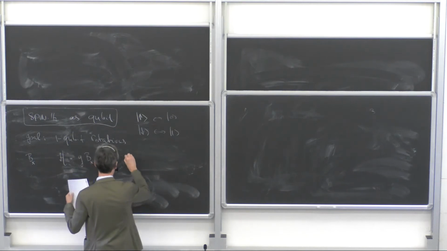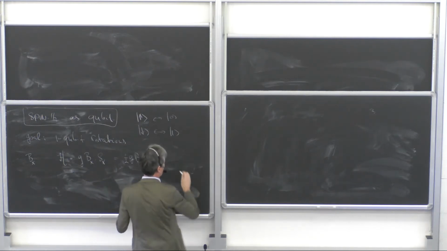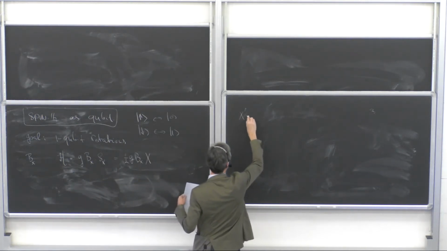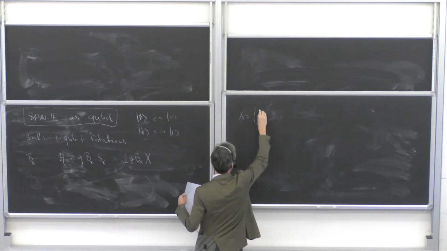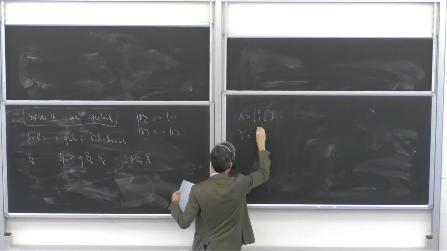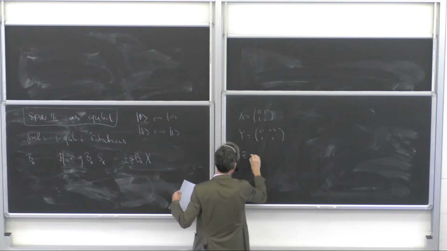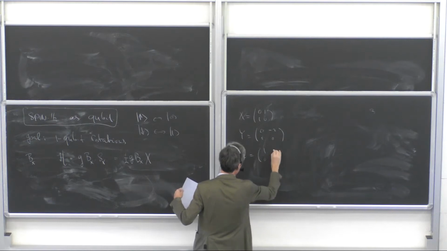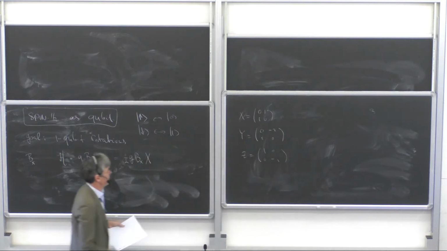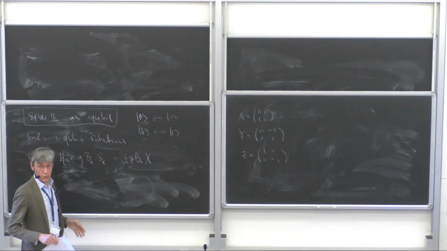So this would be 1/2 times g times Bx times X. Where X, Y, Z, just to be sure, I use this notation. X is this matrix, Y is this matrix, and Z is this matrix. So these are the Pauli X, Y, Z. This is the interaction that nature gives you.